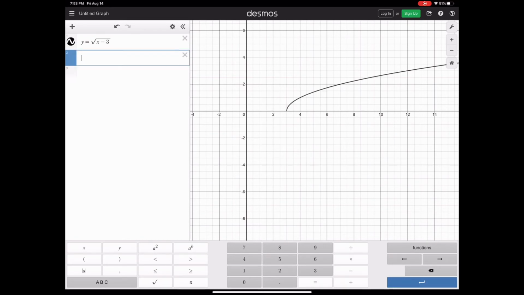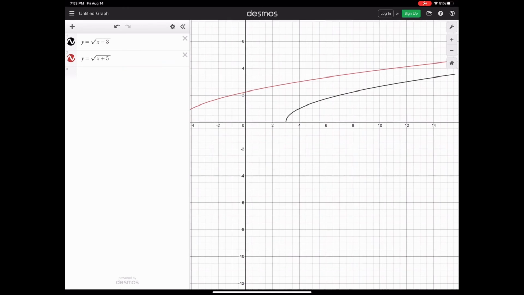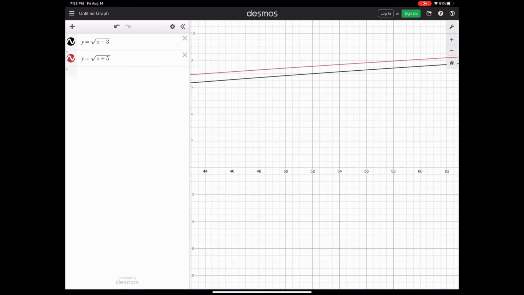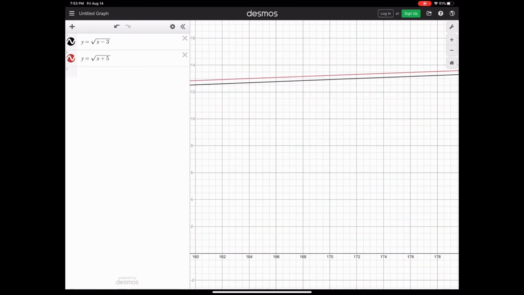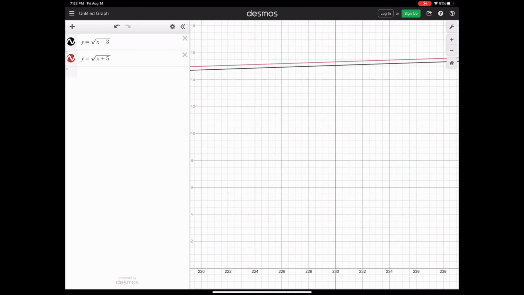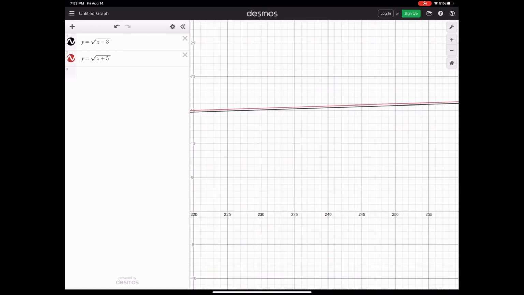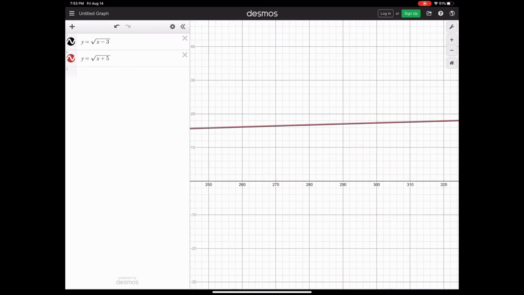And then y equals the square root of x plus 5. Okay. And so for this one, we may have to slide our graph way over to see where they intersect. Or we could just zoom out, we could probably get there a little bit faster.